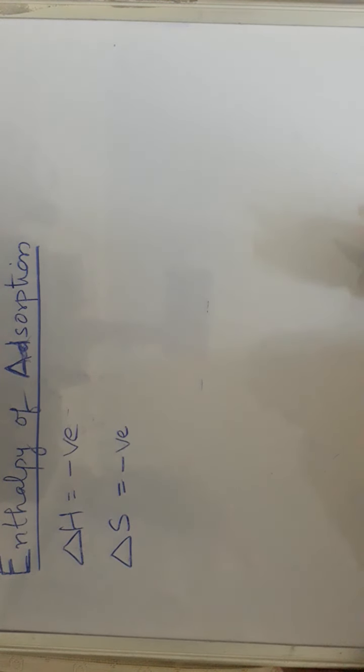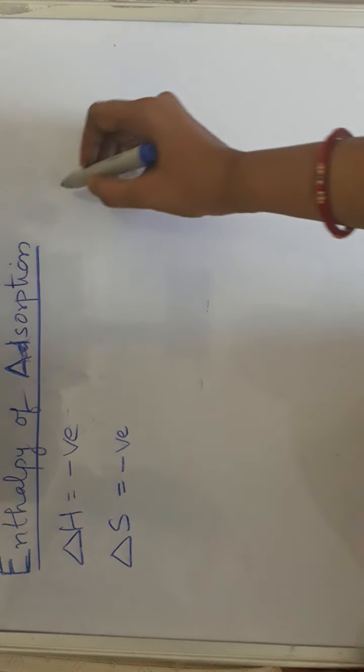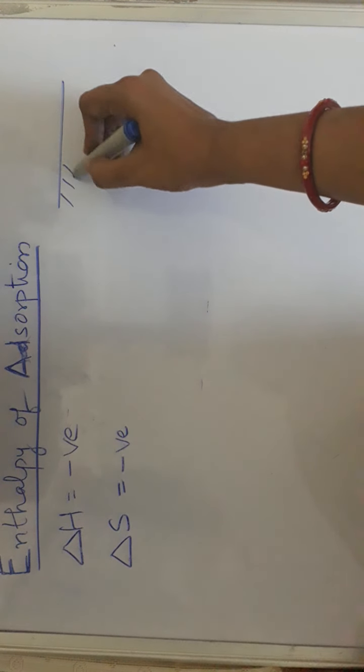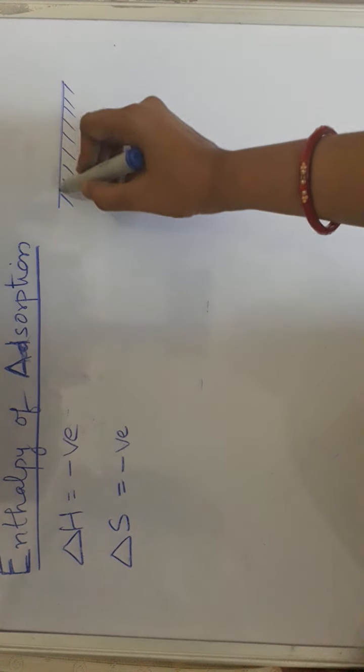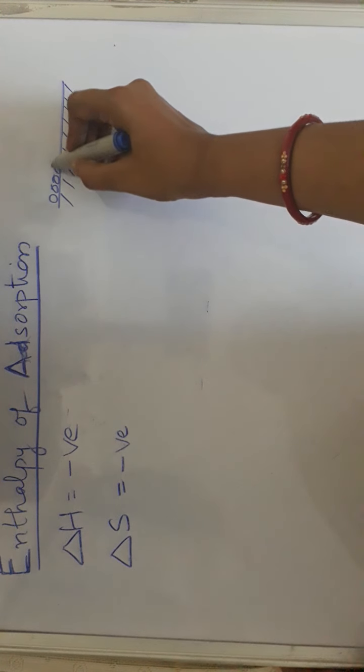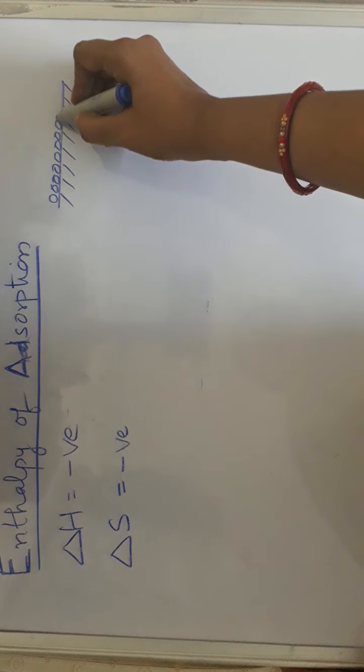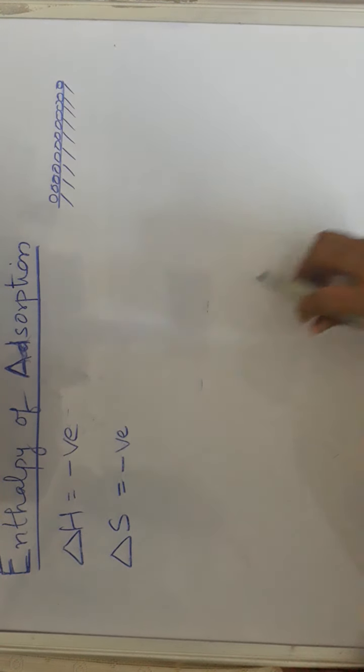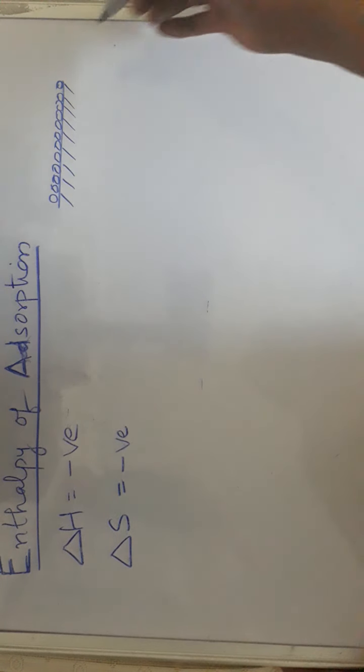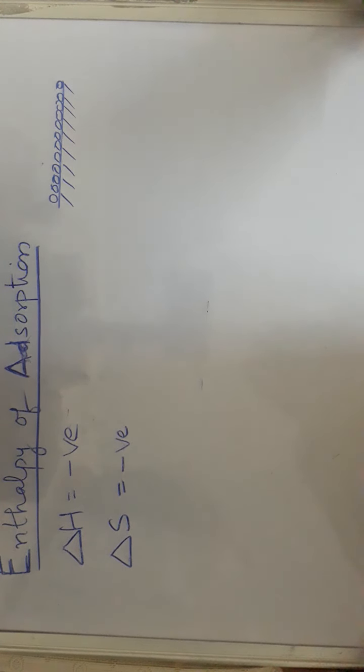We can understand it in a simple way because here the molecules of adsorbate are getting associated on the surface of adsorbent. The adsorbate molecules accumulate on the surface of adsorbent, and how do they get accumulated? By some physical forces like van der Waals forces or with the help of some chemical forces.